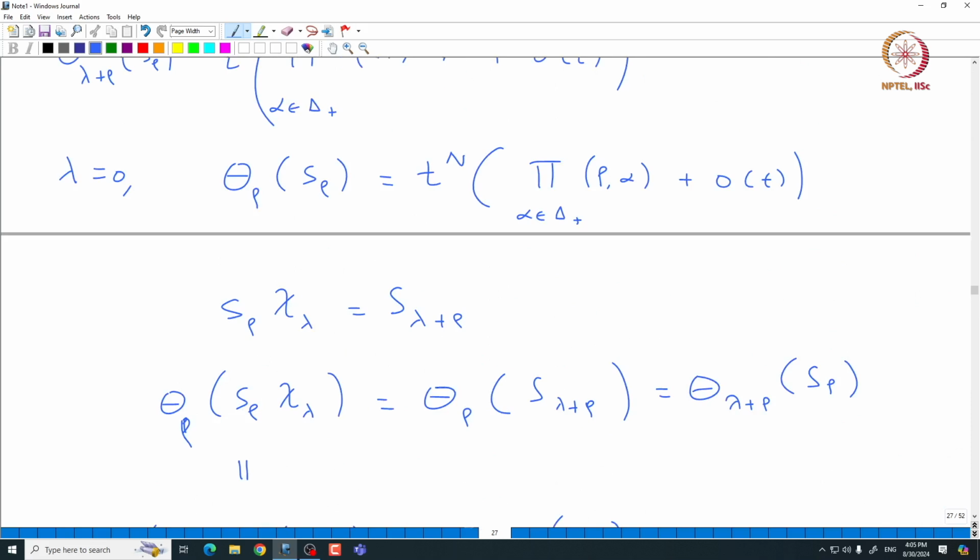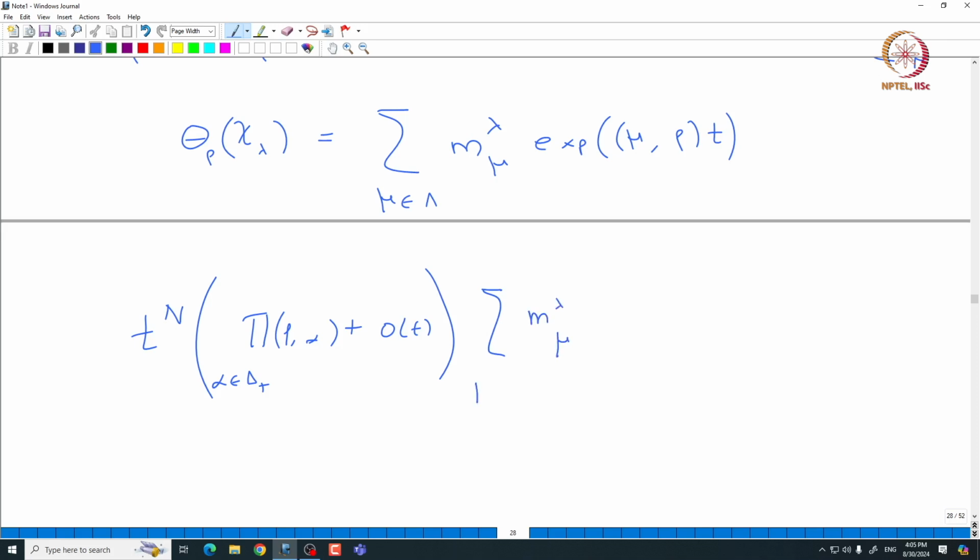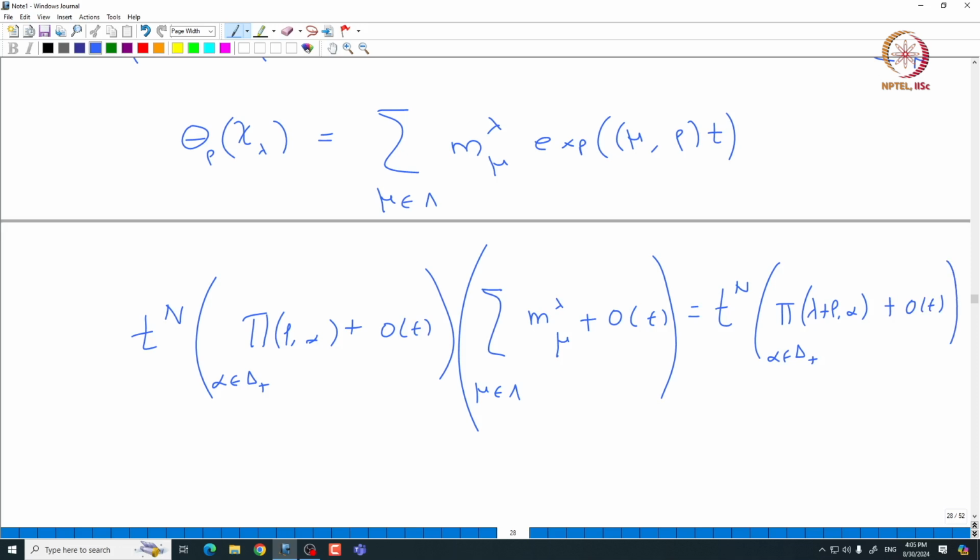Now, for θ_ρ S_ρ, we already have this expression, so we can just substitute there. You get exactly t^n times the product ⟨ρ, α⟩, α in Δ⁺, plus the higher order terms, times the summation of m_λ(μ), μ in λ, plus the higher order terms, which is equal to t^n times the product ⟨λ+ρ, α⟩, α in Δ⁺, plus the higher order terms.